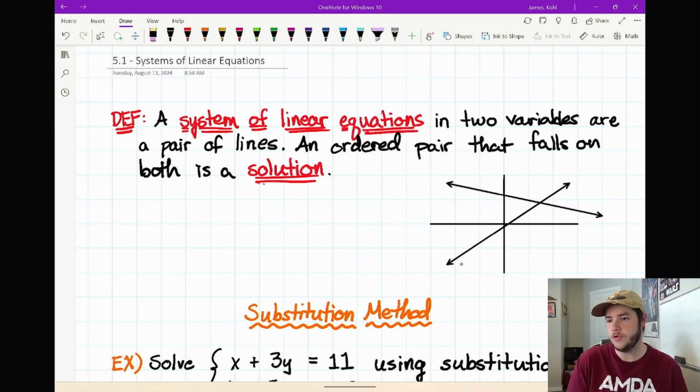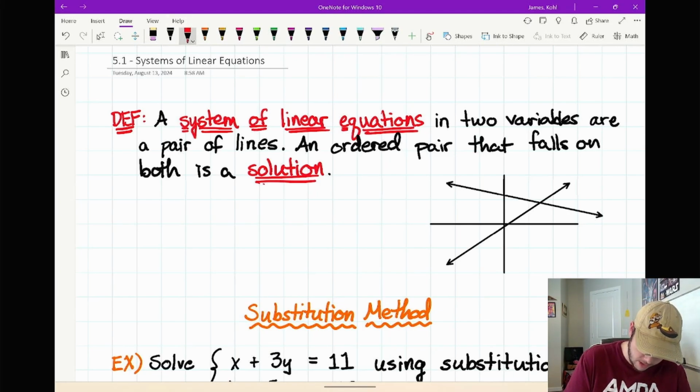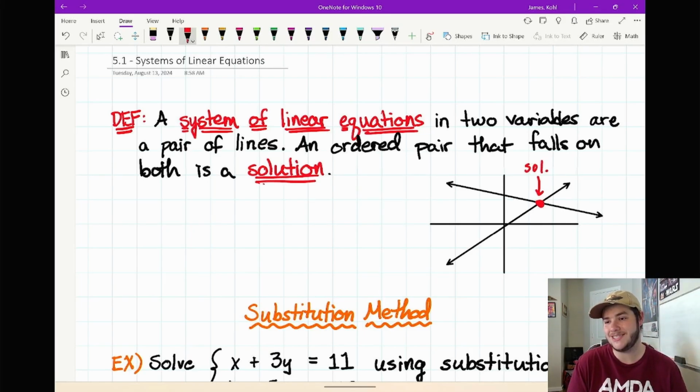These would both be modeled by some equation like y equals mx plus b, and there is exactly one point that falls on both of them in this case. So this would be the solution to the system.